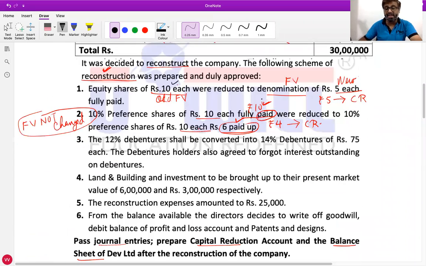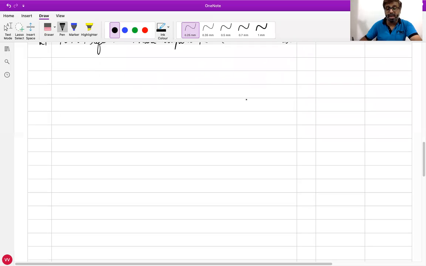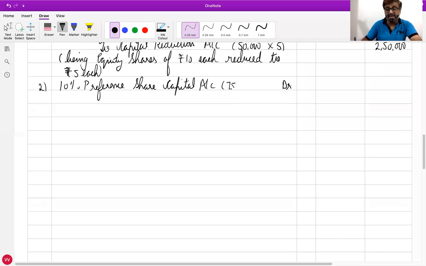So directly 75,000 into 4 will be transferred to capital reduction. So 75,000 into 4, that is 3 lakhs. And which account will be credited? Capital reduction account, straight away, because face value does not change.